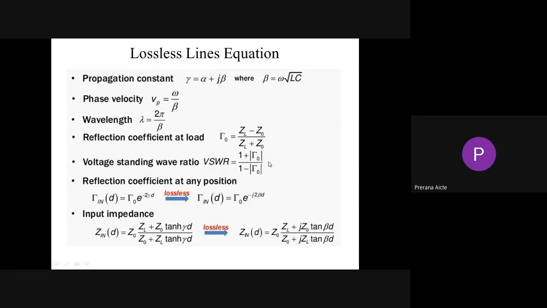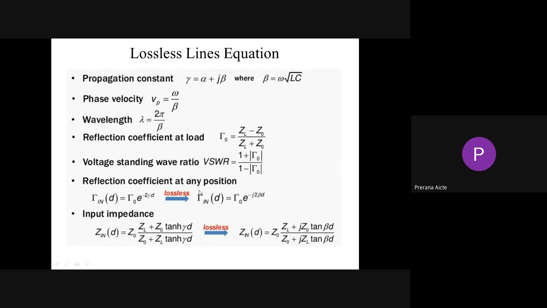For the upper limit, delta naught equal to 1, so 1 plus 1 divided by 1 minus 1, that is 2 divided by 0. Anything divided by 0 is infinity. So the VSWR lies between 1 and infinity. The reflection coefficient of a transmission line lies between 0 and 1, whereas VSWR lies between 1 and infinity.